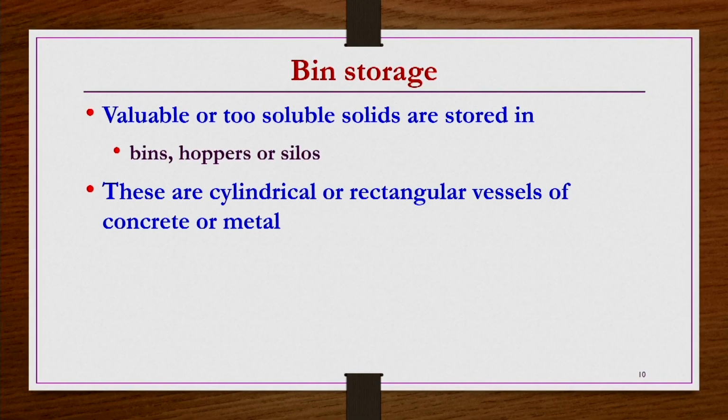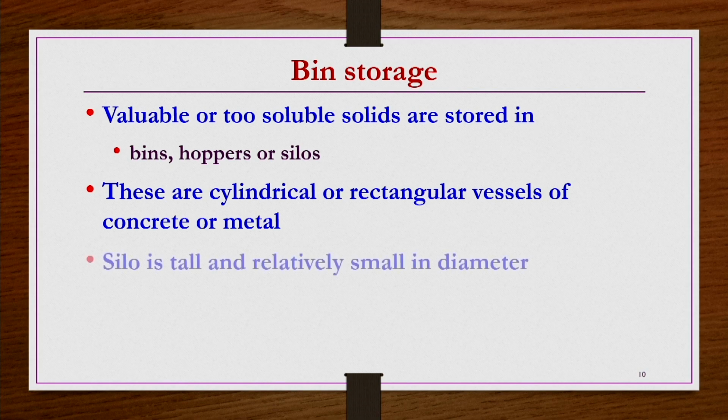In general, these equipment are cylindrical or rectangular vessels made up of concrete or metal, and the silo is a tall container of relatively small diameter. Let us say you have a container something like this. So a very tall cylindrical container with an opening here at the bottom, right.